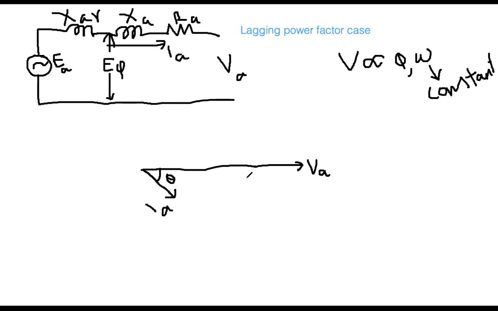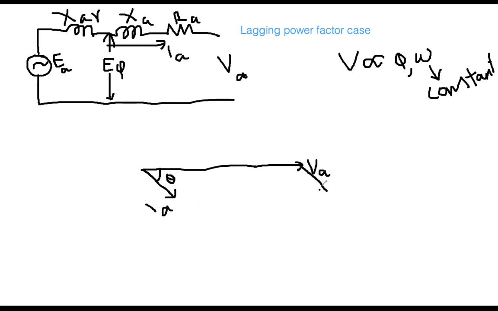So everybody, you see that I started with the voltage. I'm drawing the phasor diagram of this. This is VA and this is IA, because of lagging power factor. Now how can I represent this drop? My goal is to go back from here and show the relationship between the terminal voltage VA and the internal voltage. This is IA, so for IARA I have to draw parallel to this one.